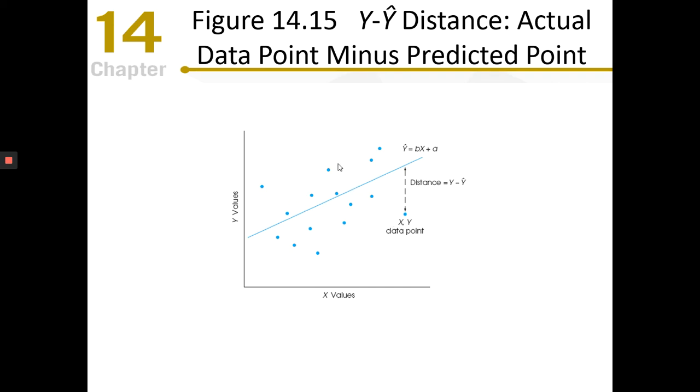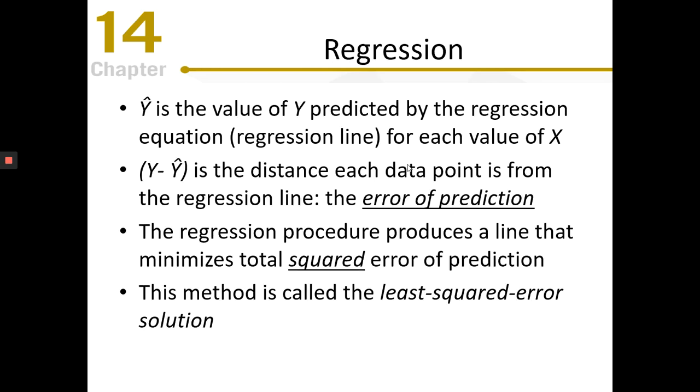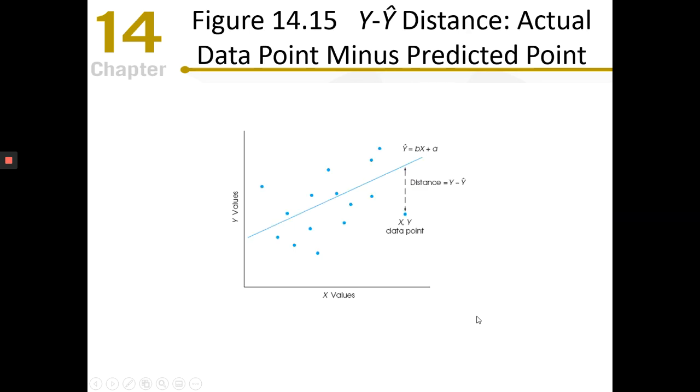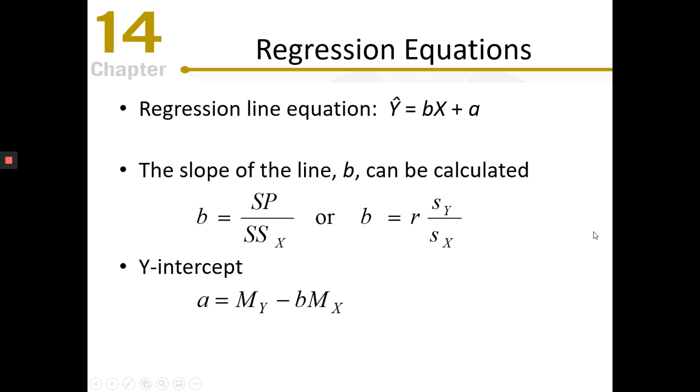Same thing as this. If you take people's real scores and subtract it from the predicted score on Y, if you add those together, it's going to be zero. So you have to square them. So that's what this was saying. And then this method is actually called the least squared error. What's least squared error? It just means that you are minimizing the total error for everybody in the sample. Just what we said before when I was drawing it.